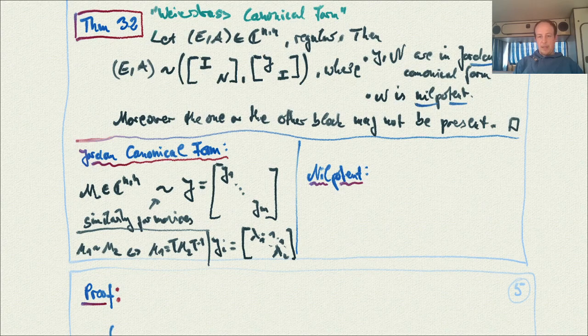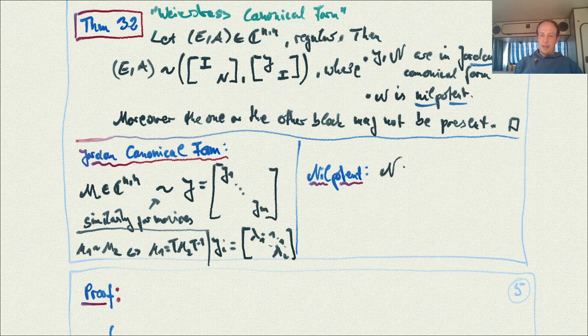Okay, and this brings us to nilpotent matrices. If they are 0, then this Jordan block is called nilpotent.